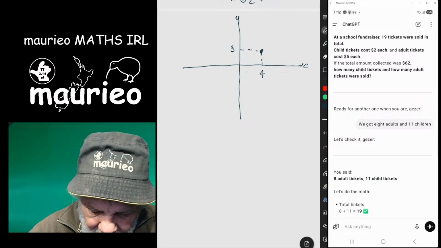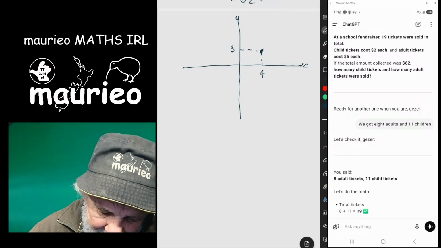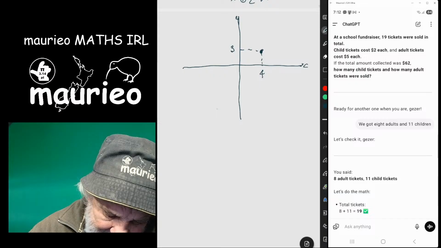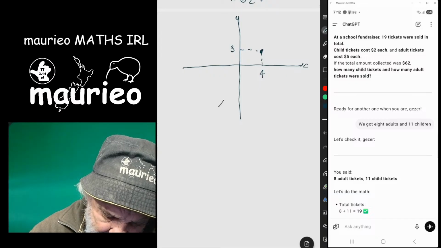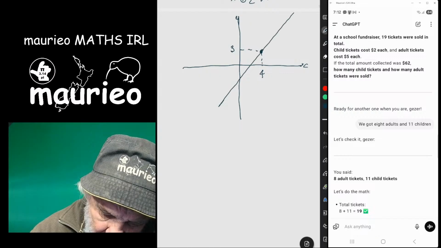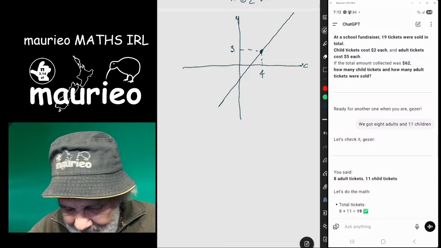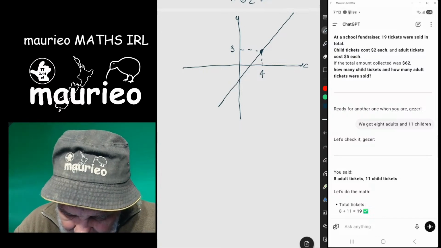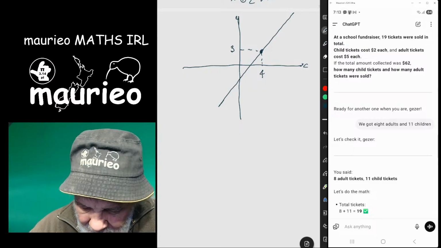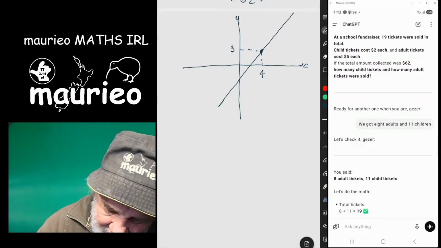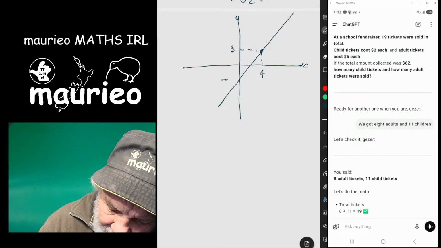And I want a graph going up here somewhere, like that. Okay, and let's say this here is -2.